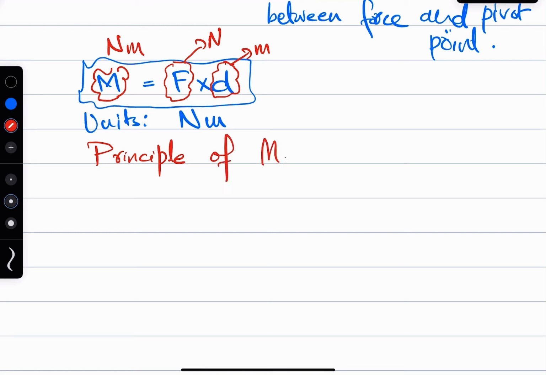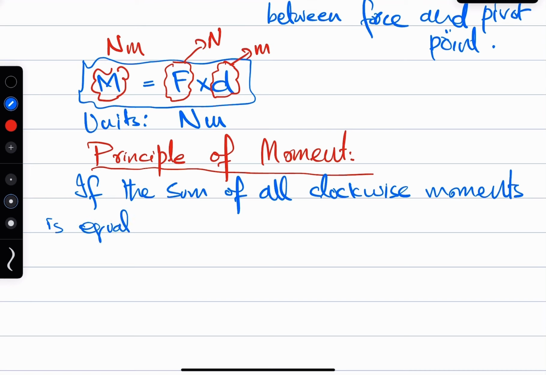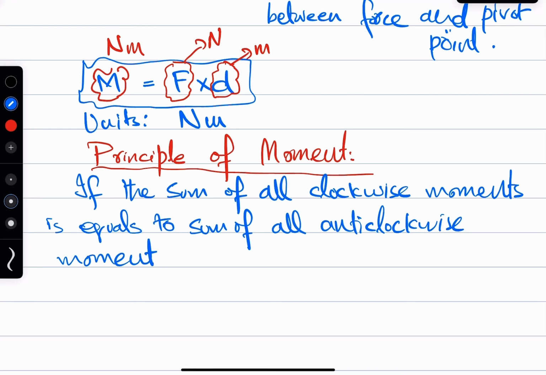The principle of moment tells us that if the sum of all clockwise moments is equal to the sum of all anti-clockwise moments, then the object will not rotate.